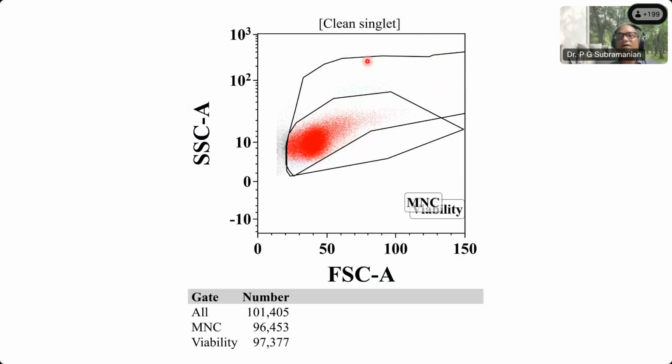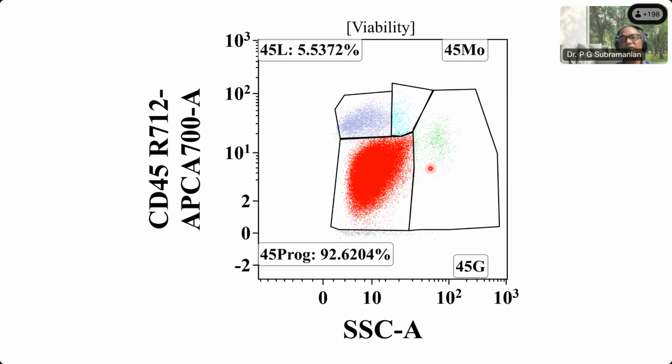This large gate which is coming here is your viability gate, and the smaller gate is the MNC gate. The large viability gate is put in this, so here you have viability, showing you all the viable cells.